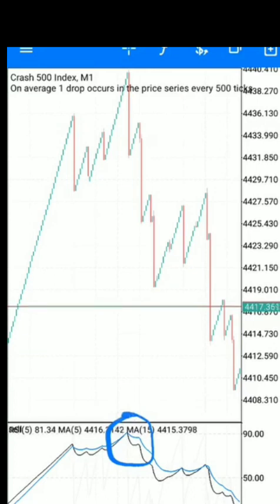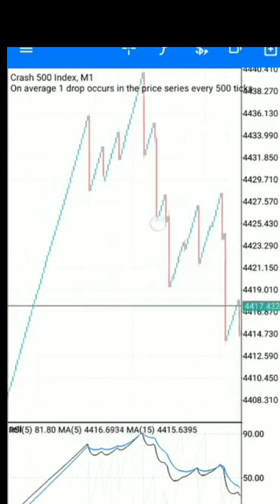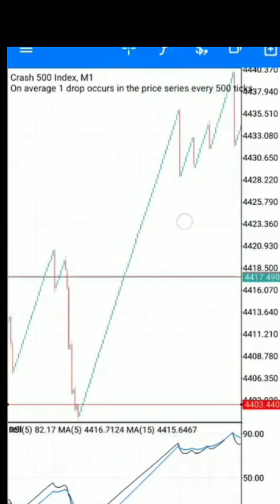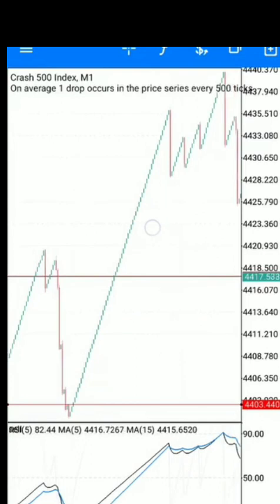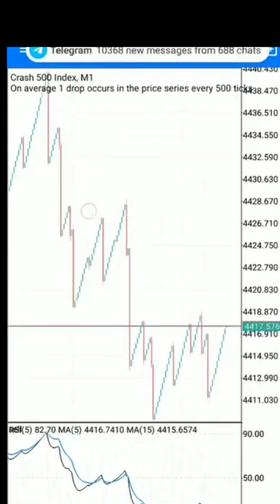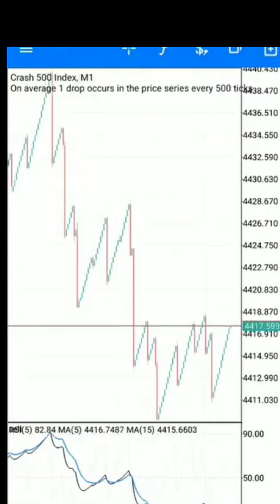You see where price tapped into that overbought level there? Beautiful. I just want you to put your eyes on it. Then look, as I pushed it to the end of the screen, it was still there. It did not shake. As I push it to the beginning of the screen, it was still there.